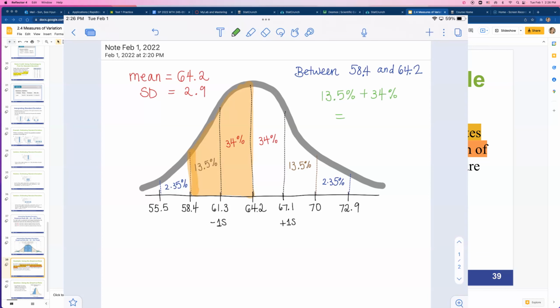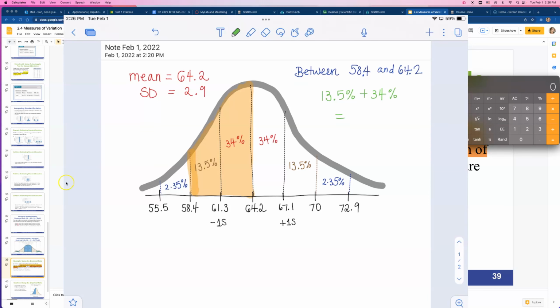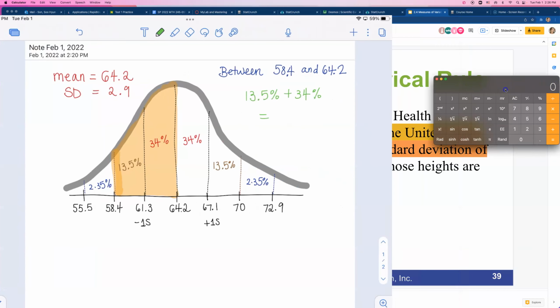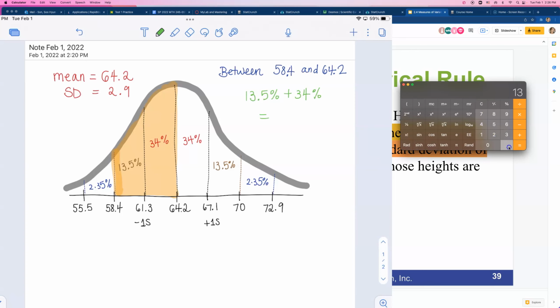So 13.5 plus 34 equals 47.5%. So that's how you can do an empirical rule problem.